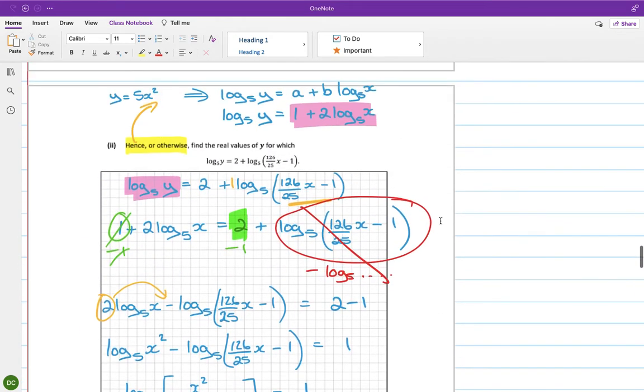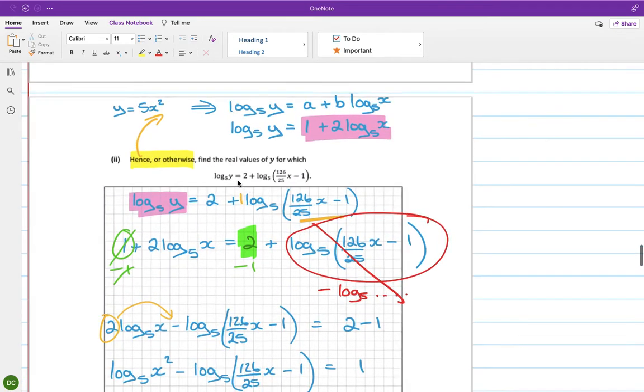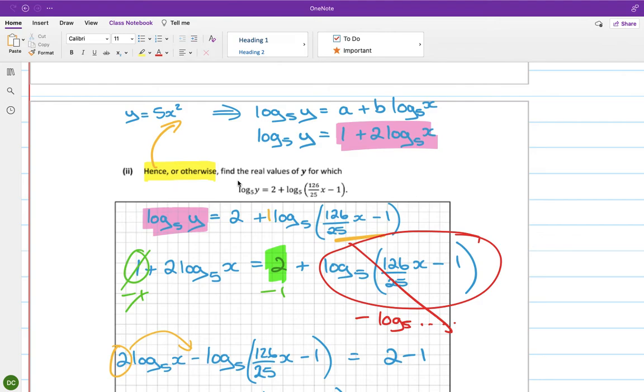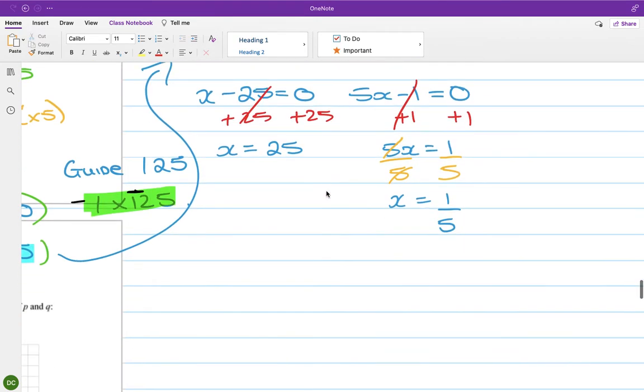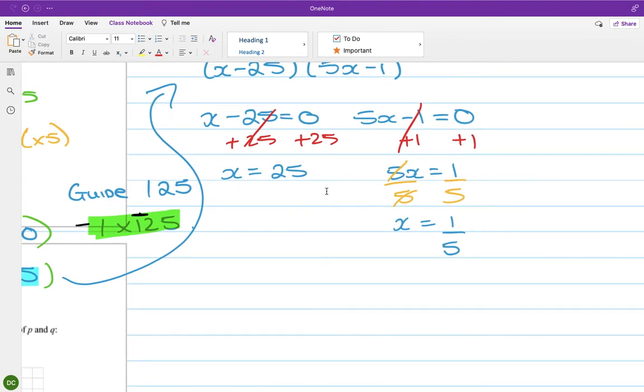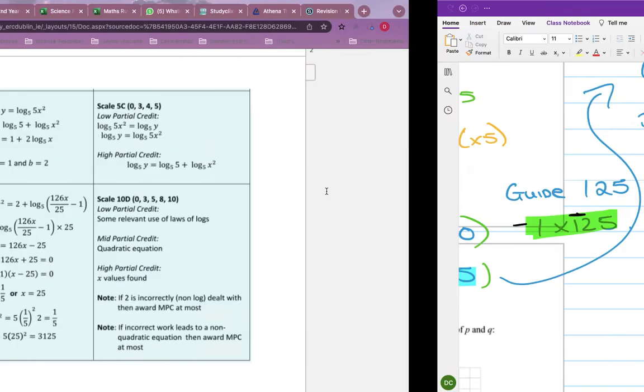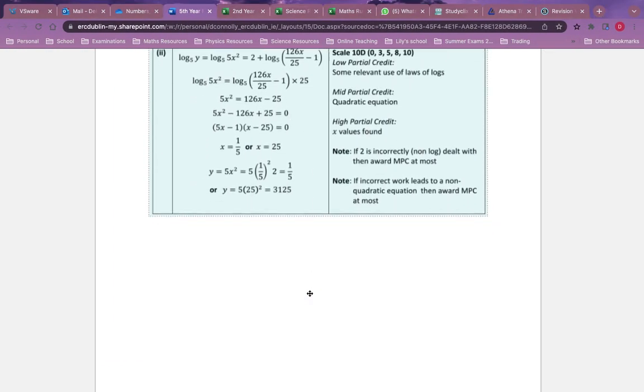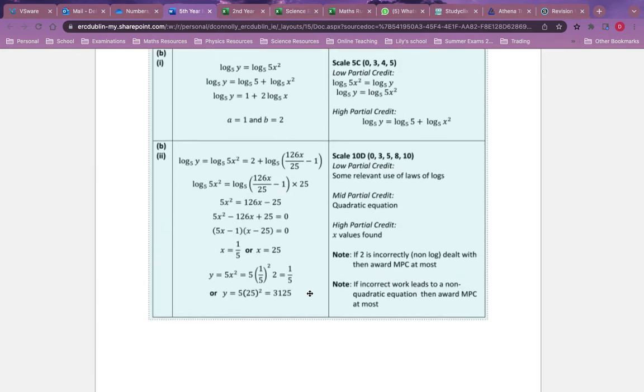Another lovely question. Find the real values, so plural, of y for which that is the case. So we don't reject anything. Both form our answers. So x equals 25 and x equals a fifth.